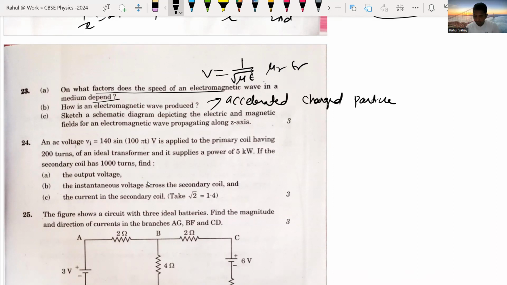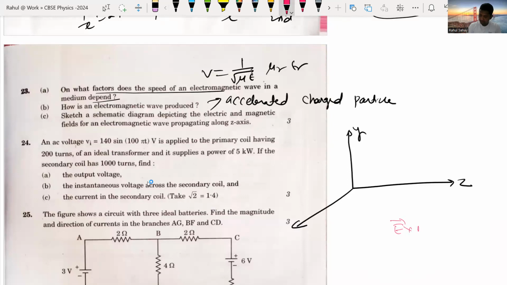This gives the diagram: this is z axis, this is y, and this is x. So the wave is going in z axis. So E cross B we get k cap, right? So this is i cross j. So the electric field is in x axis, and the magnetic field in y axis.